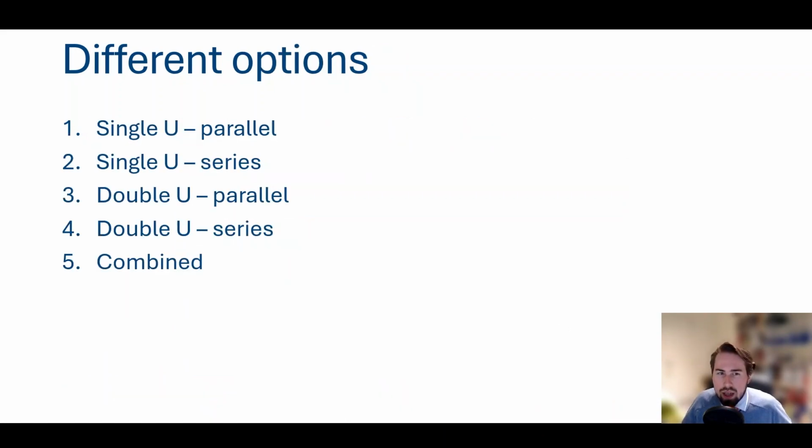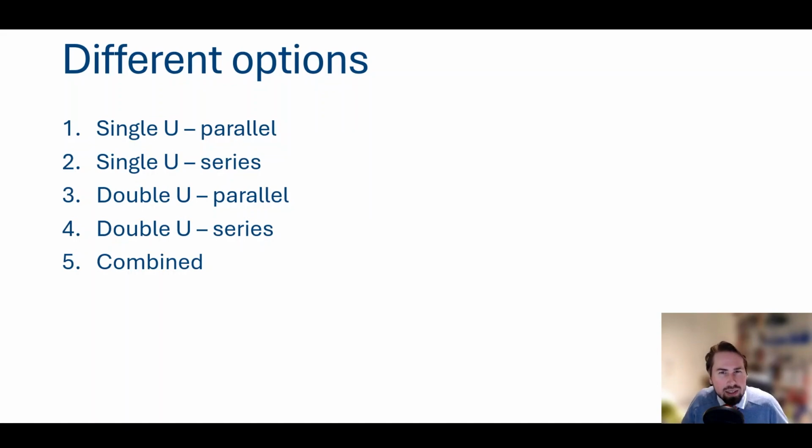So today I'd like to discuss with you 5 different design options. We will be talking about single U-tubes in parallel and series, about double U-tubes in parallel and series, and then a combination of all. Because when you have a rather big bore field with 200, 300 boreholes, the hydraulic configuration can also become very complex.